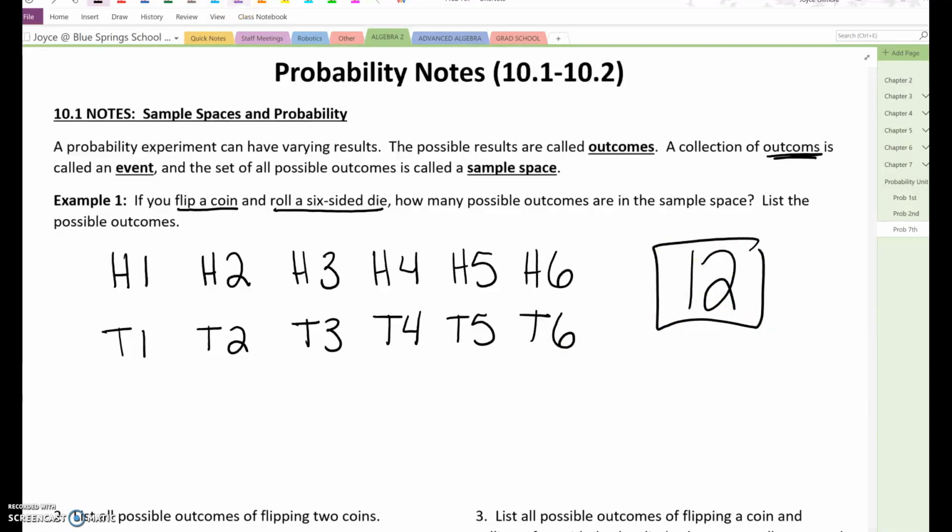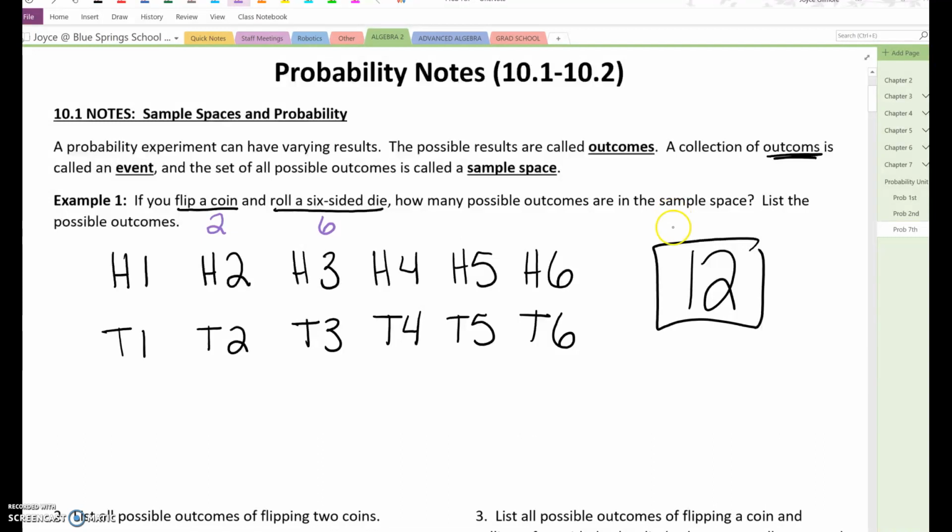Now I want you to think for a minute. How many possible outcomes are there just for flipping a coin? 2. How many possible outcomes are there just for rolling a 6-sided die? 6. Can you take the numbers 2 and 6 and somehow come up with 12?